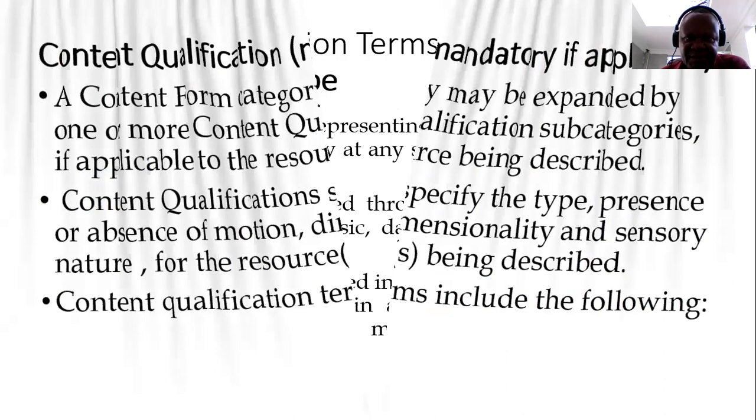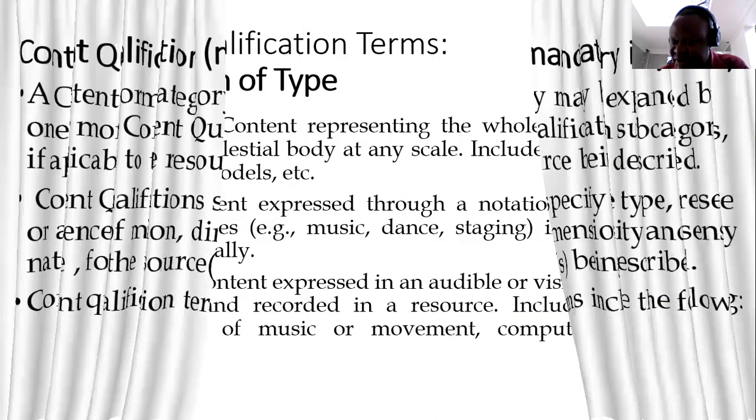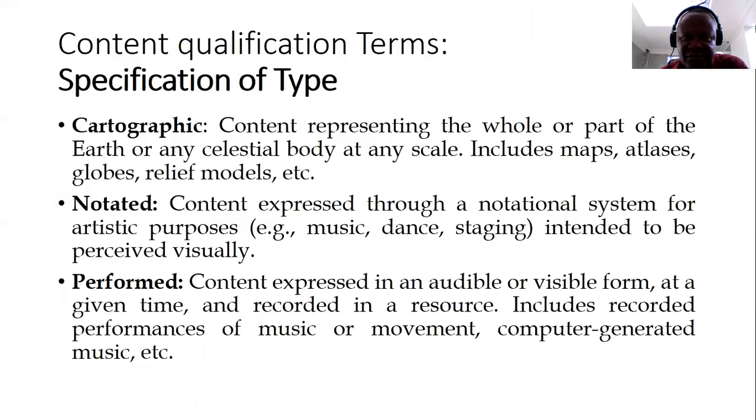So the terms which we shall use to specify content qualification have those terms which are specification of type. What type of material is it? And we have three types: cartographic, notated, and performed.